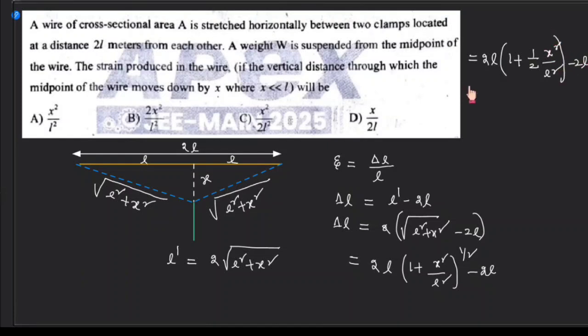Now just simplify this, right? So 2L plus 2L into 1 by 2 x square by L square minus 2L. This 2L cancels, the 2 also cancels, and one L cancels. So therefore this delta L is equal to x square by L, right?